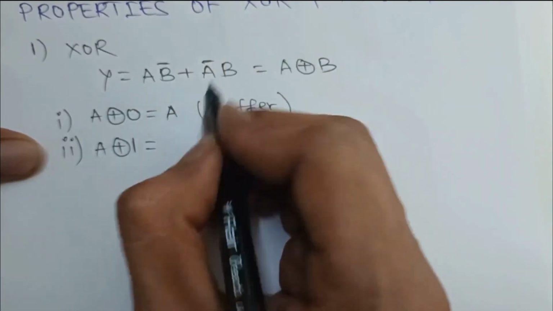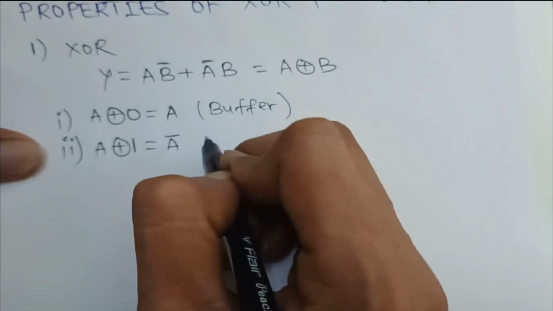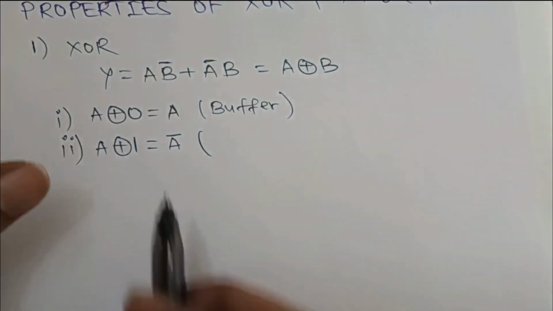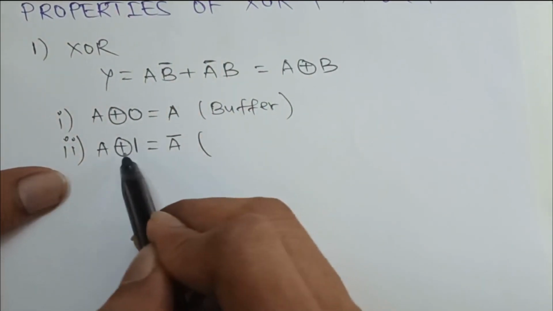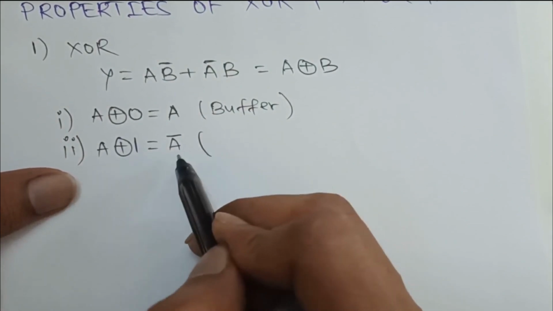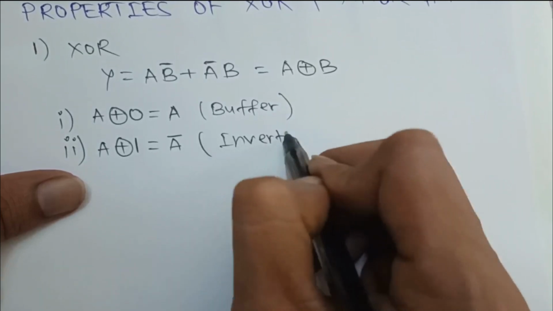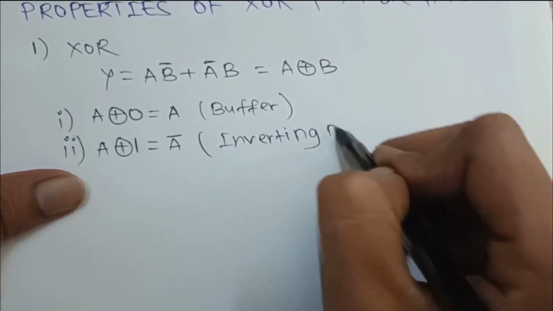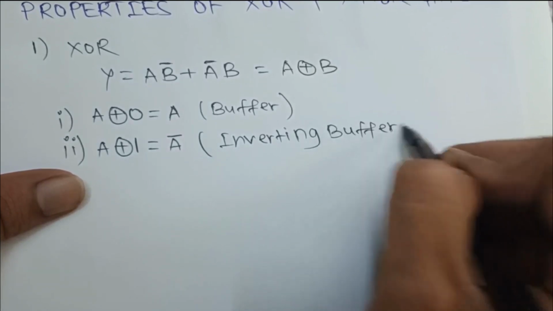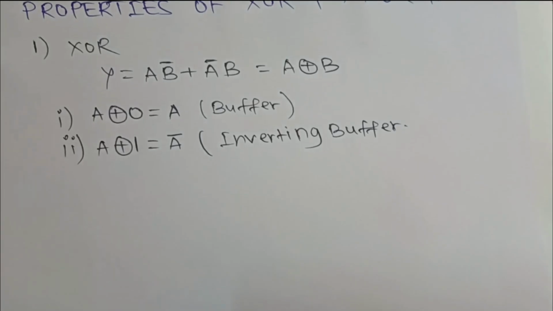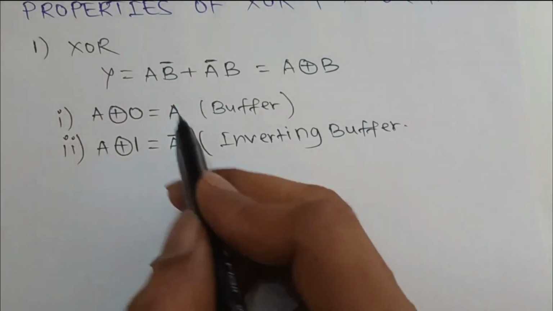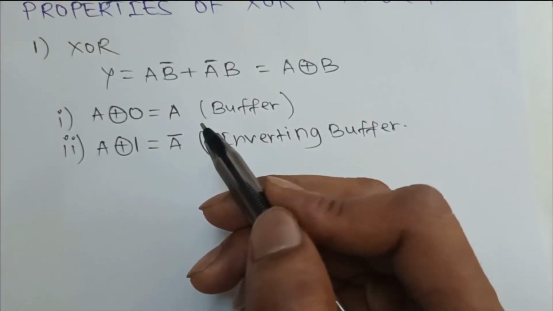It is going to give you A bar. It means when we take any variable XOR with 1, it is going to give you an inverting buffer. These are two important things.